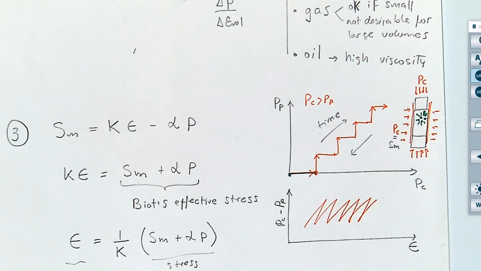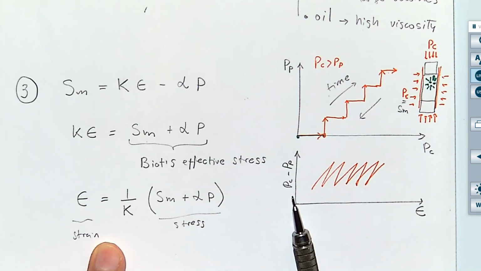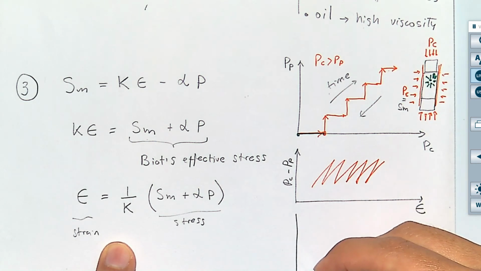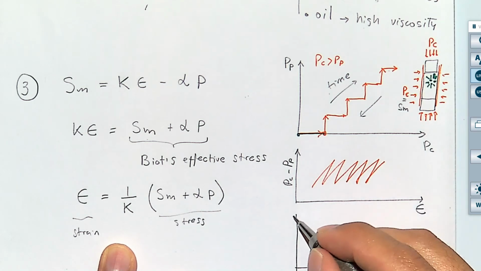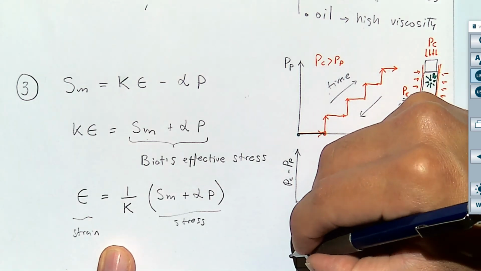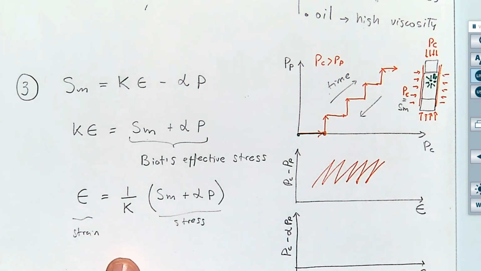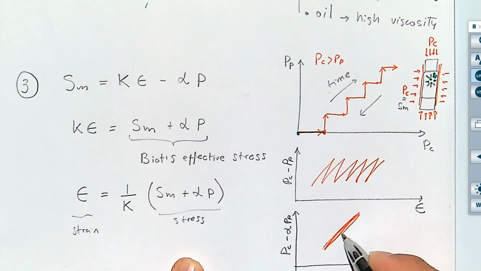And it is not a unique relationship. Why? Because the equation that we saw before tells you that you just have a unique relationship when you correct effective stress for the Biot coefficient. So your job is going to be to find which is the parameter alpha for which, if you were to plot PC minus alpha PP, which now is the Biot effective stress, all this data, all those cycles are just going to collapse into one line.